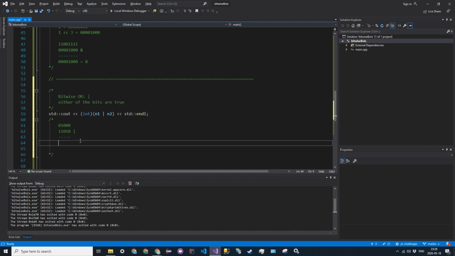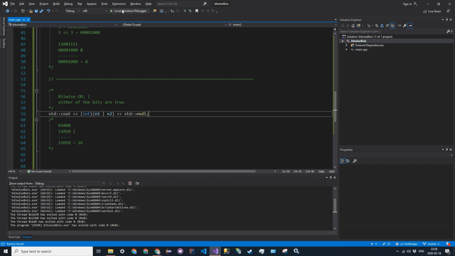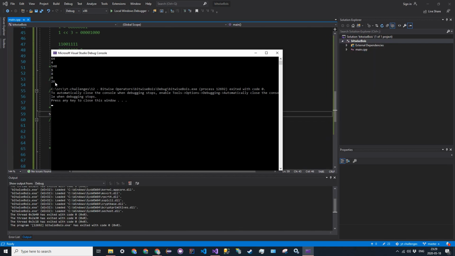Both of them can be true, but only one. So we look at the first one, 1, 0, that's true. 1, 1, that's also true. 0, 0, none of them are 1, so that's 0. Then 1, and then 0. And this is equal to 26, I believe. So let's go ahead and run this, see if we get a 26, and we do. Good.